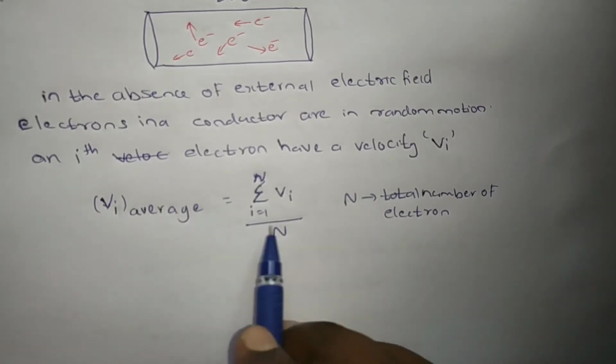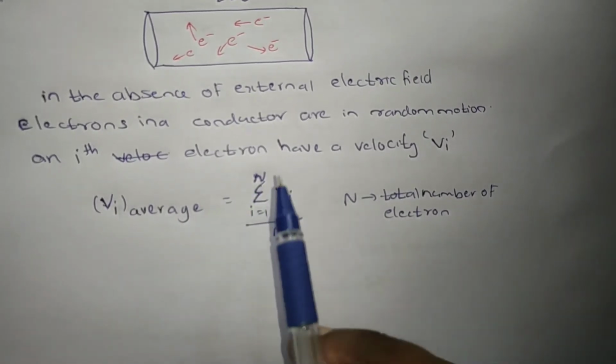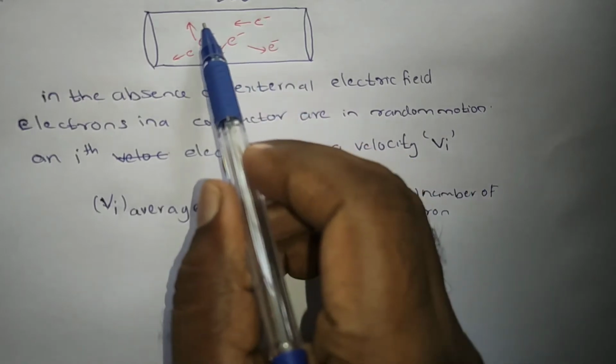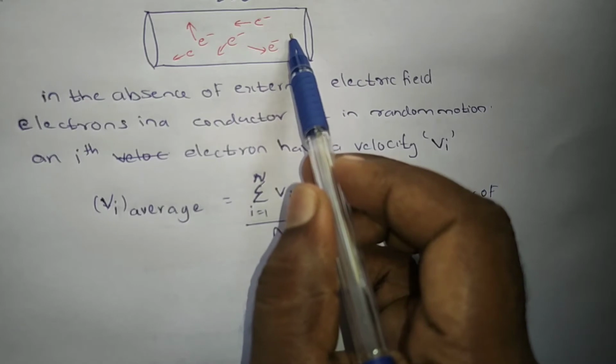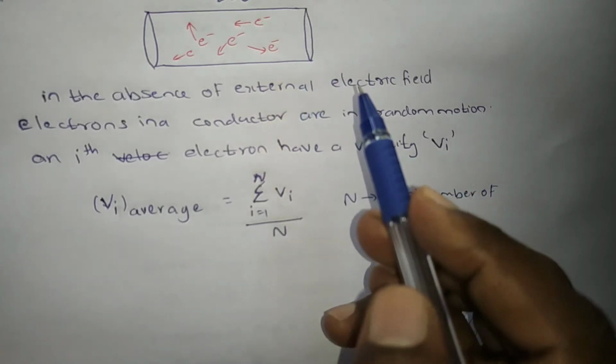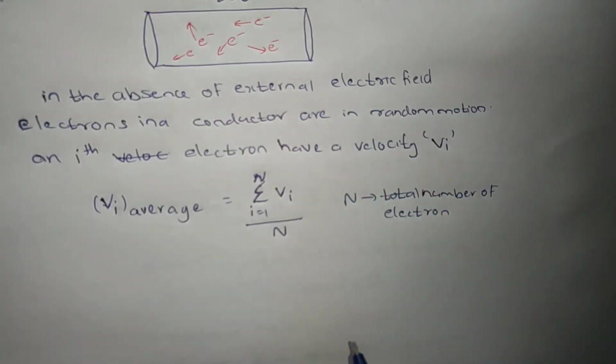If an electron has a velocity in this direction, there will be another with a velocity in the opposite direction. The velocities of all the electrons are nearly equal in magnitude, but the directions are different.